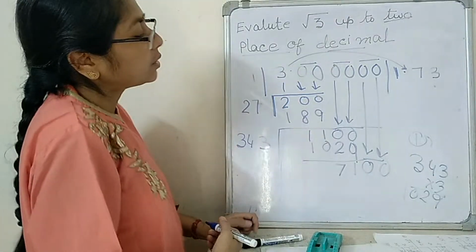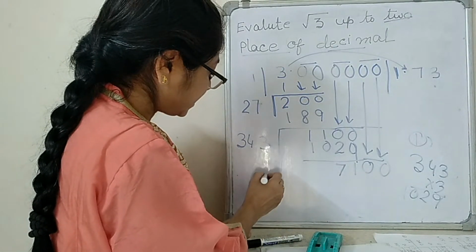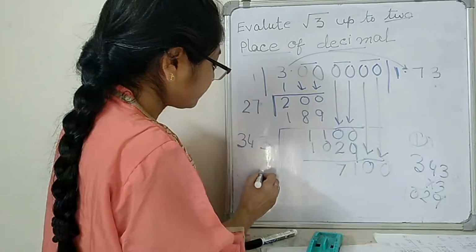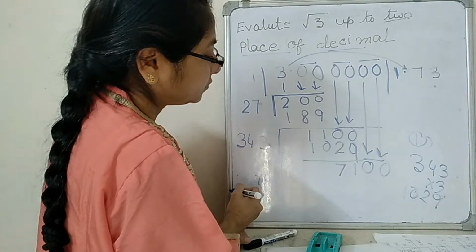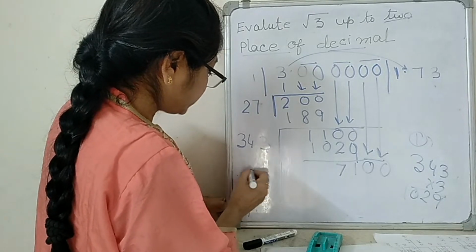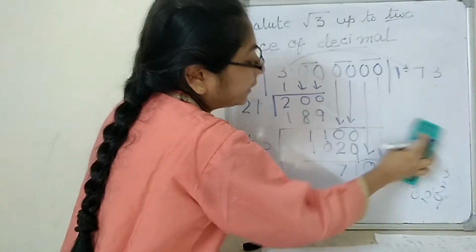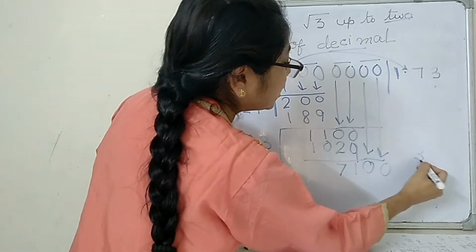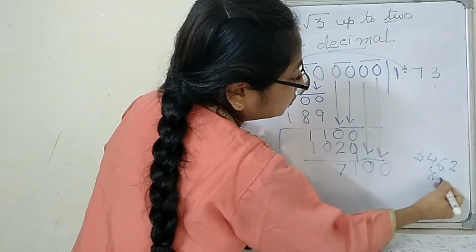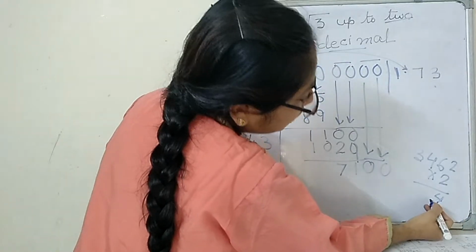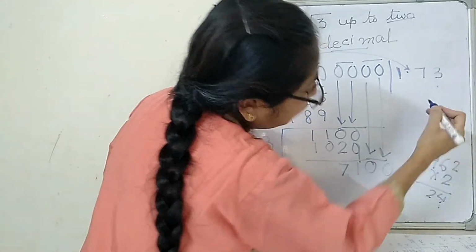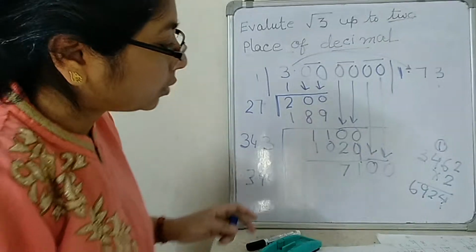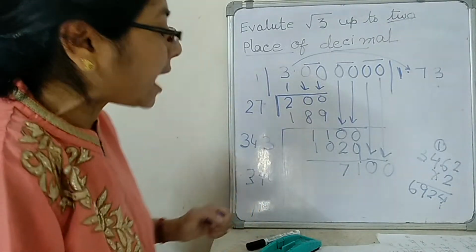17100. We make it double: 346. Now I put any one number and try. 346 by 2. 2 fours are 8, 2 sixes are 12, 1 carry forward, 6 and 1 is 7... 692 here.